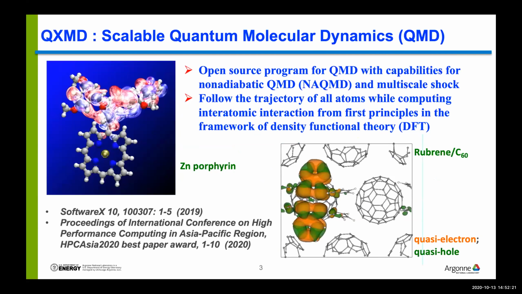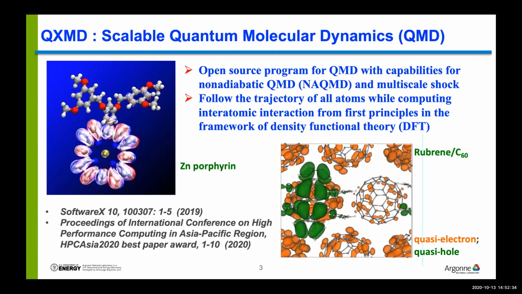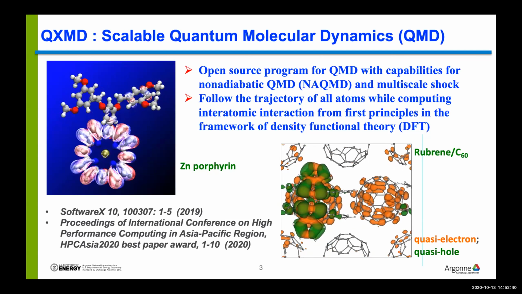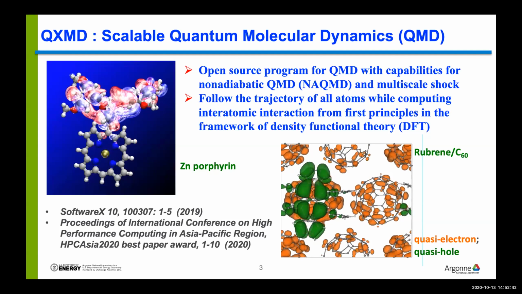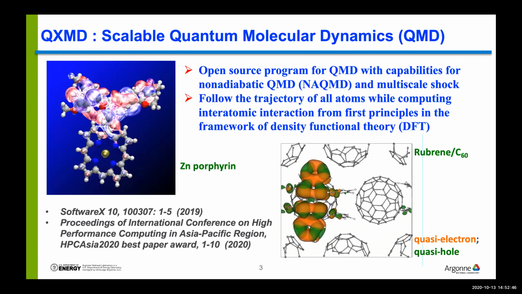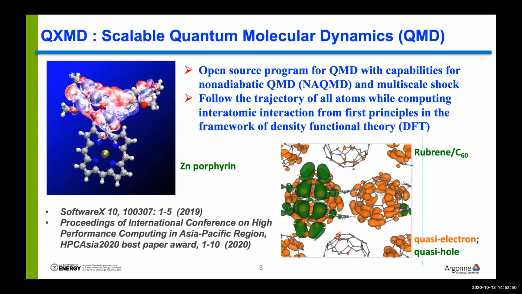Okay, let me first give a brief overview of QXMD. QXMD is a simulation engine for quantum molecular dynamics, or as we call it, QMD. In QMD, we follow a trajectory of atoms to study various materials properties, where interatomic forces between atoms are computed using first principles in the framework of density functional theory.